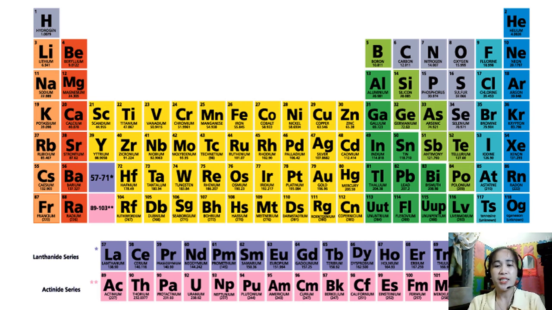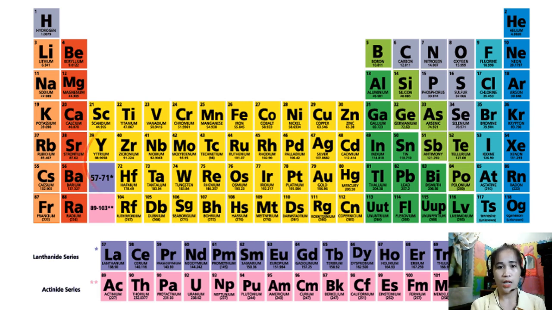The elements are grouped into blocks or series in the periodic table. In later grades, in grade 9, you will learn how elements are grouped in blocks.